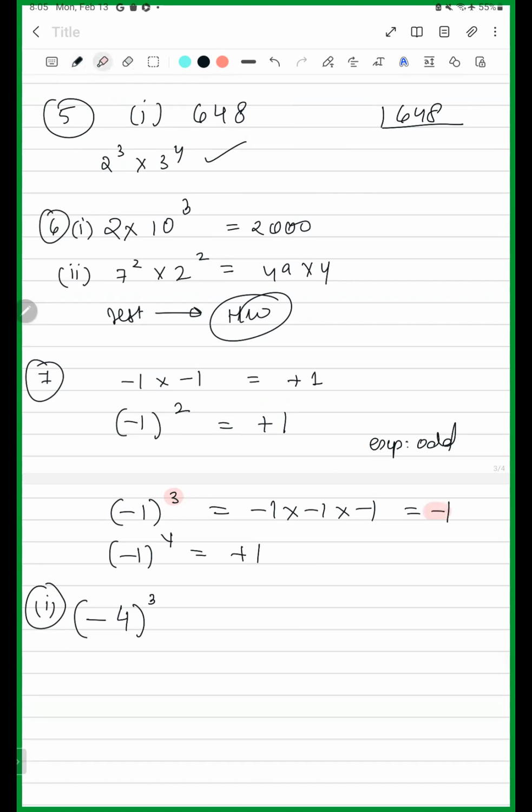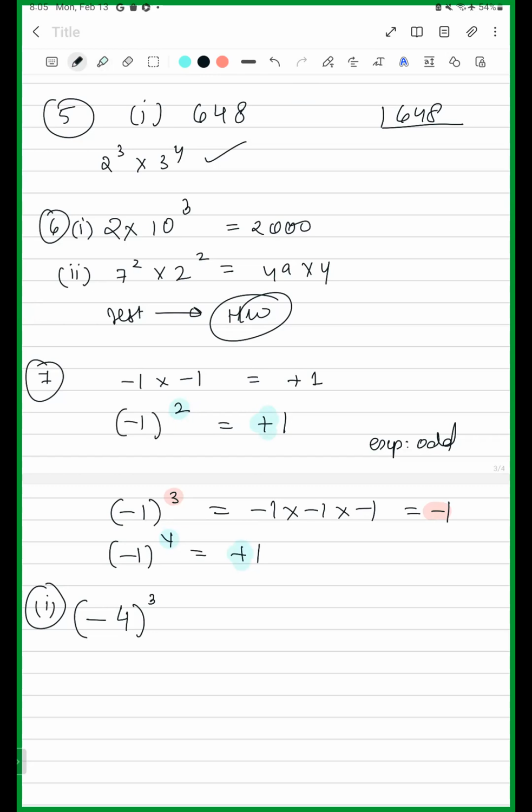But if it's an even number, then your answer will be positive. So in this case, first decide whether it will be positive or negative, and then just solve it, like 4 cube, you solve.